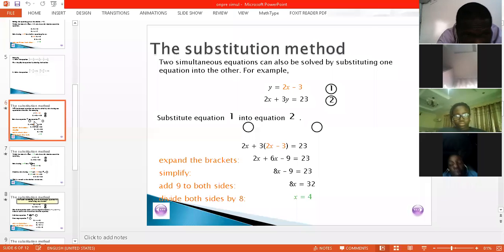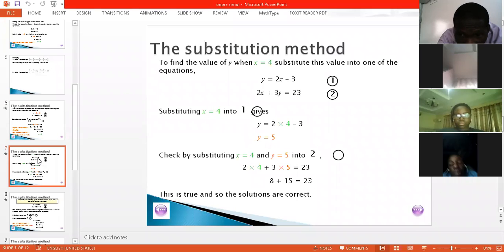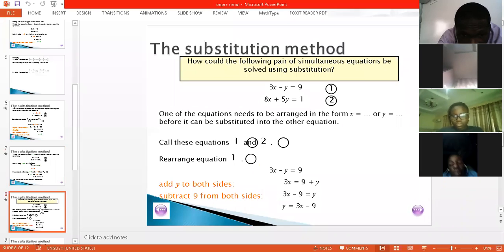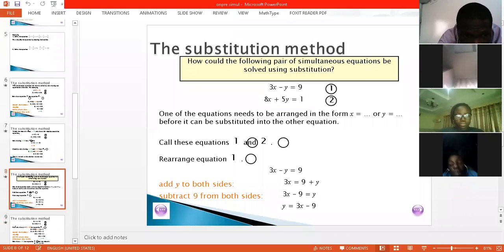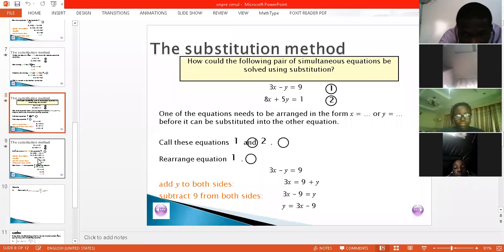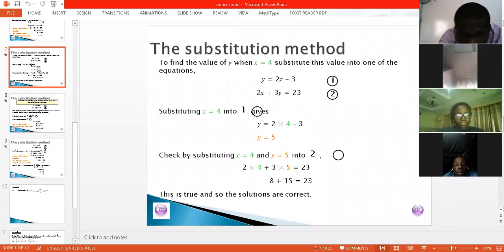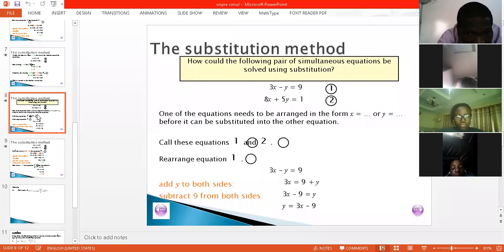Okay, beautiful. All right. The second slide, the third slide. Chidera, which slide do you want? The second slide. So this is the second slide. Third, fourth.